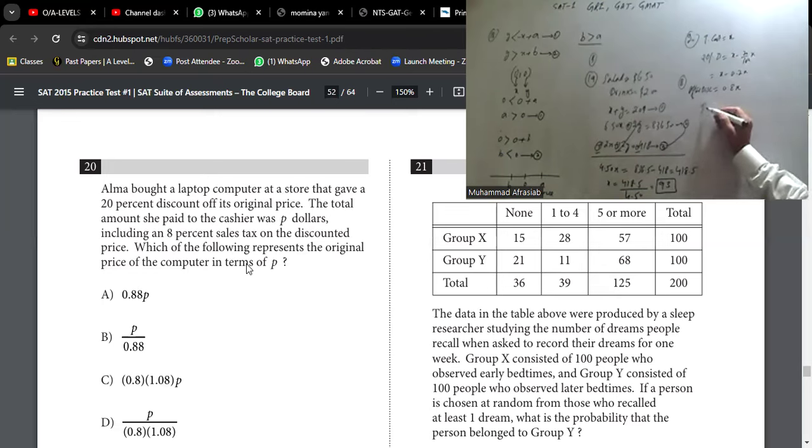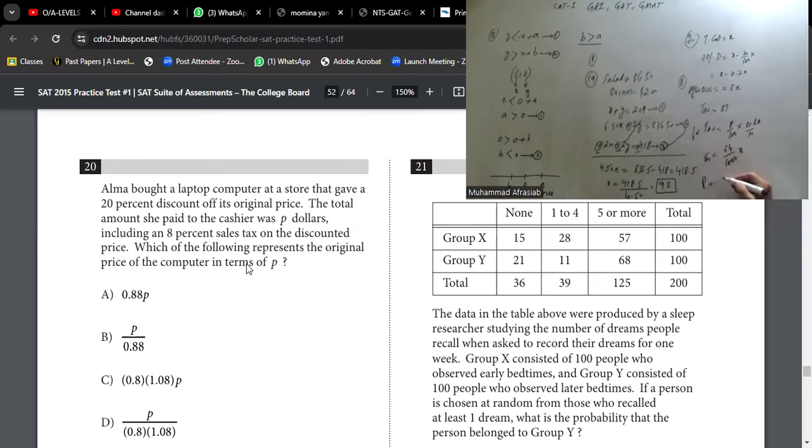So for the tax amount, 8 over 100 of 0.8x is equal to 64 over 1000 of x. That is the total tax.